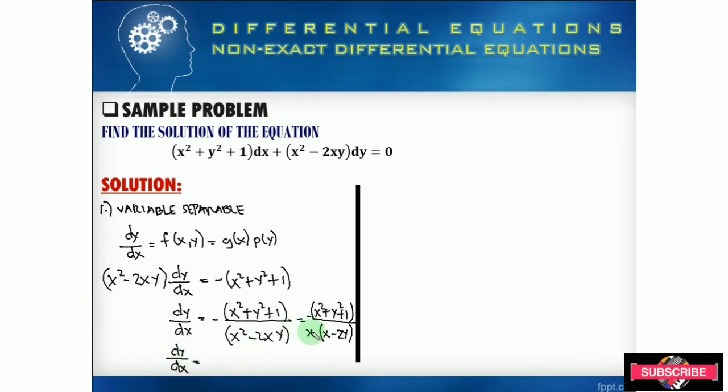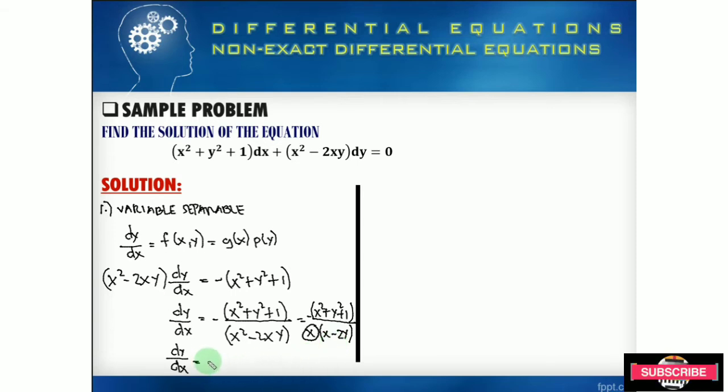Okay, so if we are going to separate the x here, referring to this as a function of x, and the y variable referring to this p as a function of y. So actually we cannot separate, because this is x, but your second also has this x minus 2y.